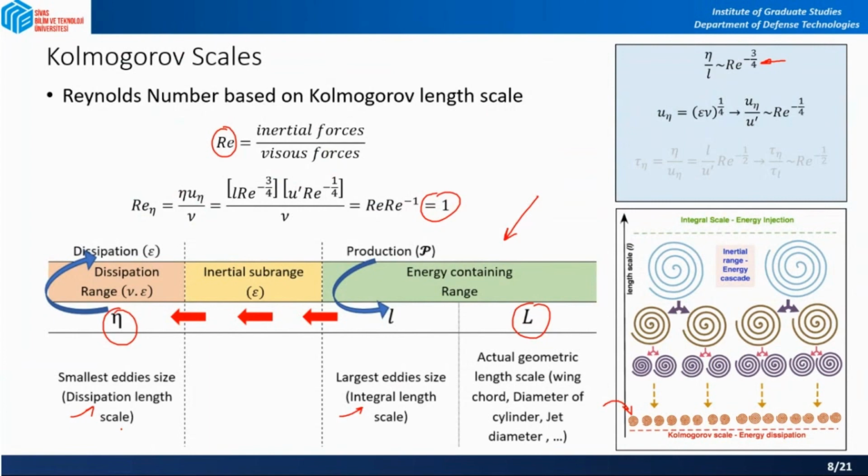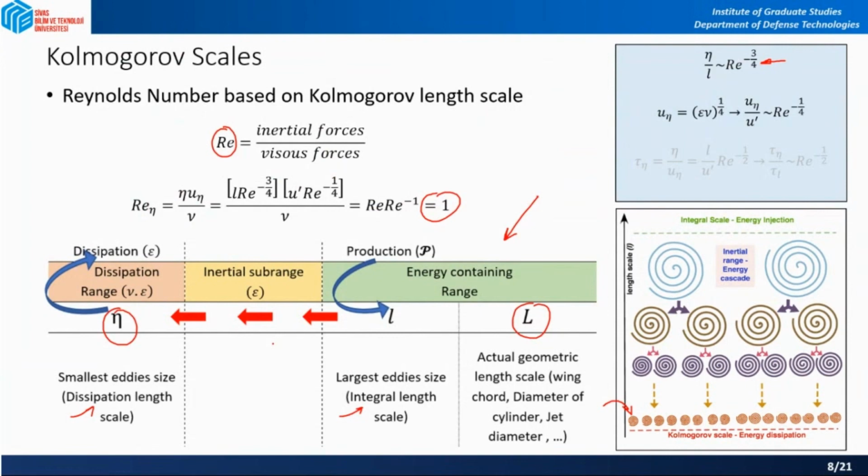In the range between the smallest and the largest, something happens. Energy is getting transferred, as you see with these arrows, and eddies will break up and sometimes they merge. So generally, we divide the whole range into three parts.